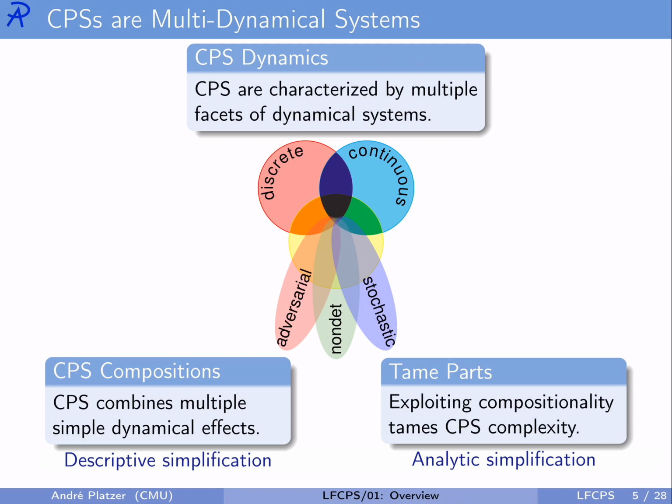CPSs, however, may also be subject to other dynamical systems aspects. For example, of adversarial dynamics, whenever multiple systems meet and can't necessarily rely on what exactly they will be doing to one another. Think of it this way. If you're controlling one robot and I'm controlling another robot, then you may not know exactly what my robot is trying to achieve, and I certainly won't exactly know what your robot is trying to do.